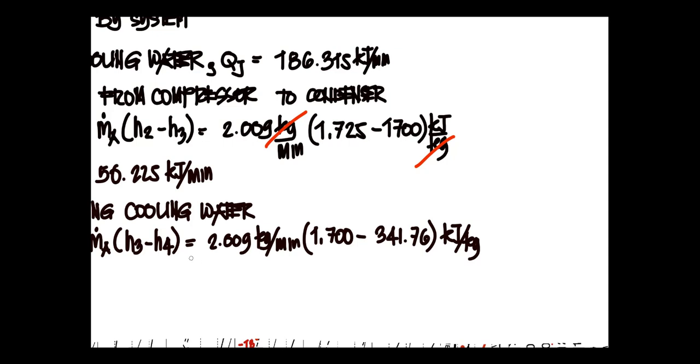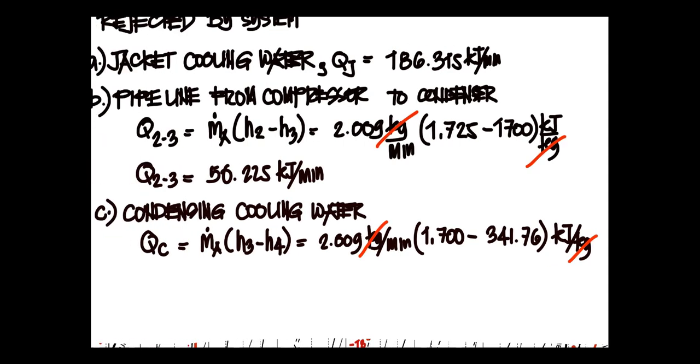So let's cancel the common units here. So we have now the value of your water required to cool our condenser, which is equal to 2,728, kilojoule per minute.